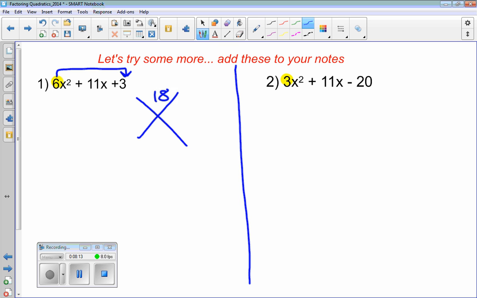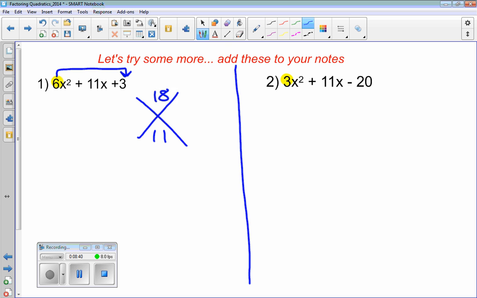Very good, because it's a number with the x. Very good. So now we have to kind of think of factors, some numbers that would satisfy this. So that first one, they always times the n? First times the last. And you can always do that, because sometimes if it's a 1, 1 times 3 is 3. So now I have two ways to do it. There you go. What numbers multiply to be 18 and add to be 11?